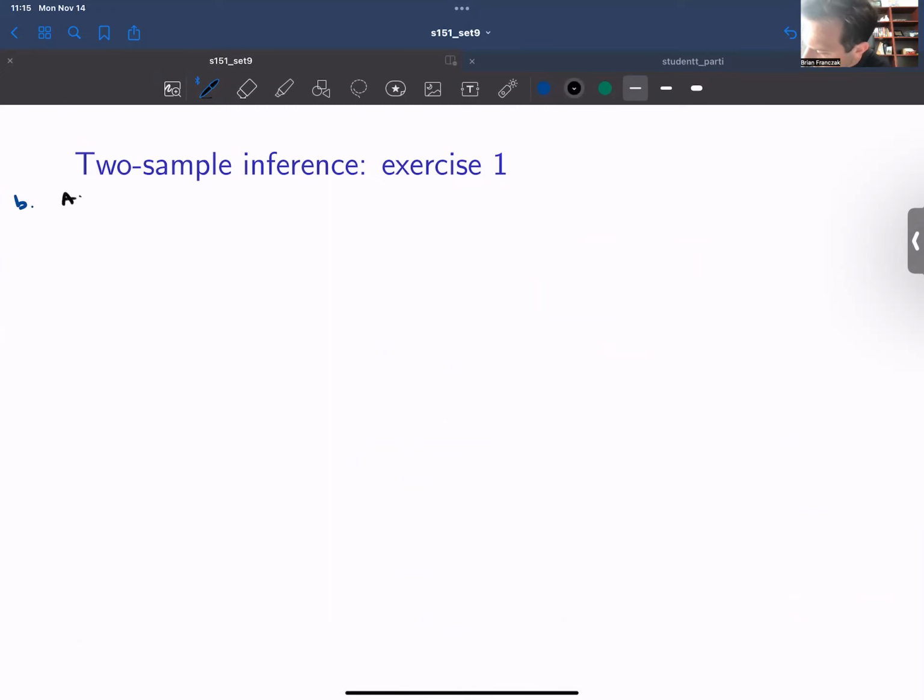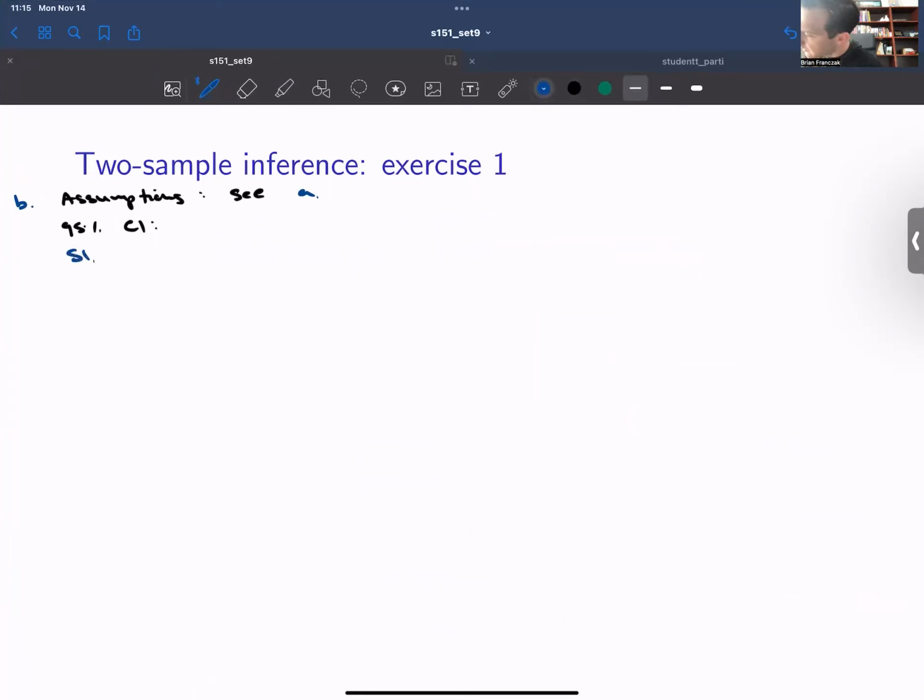Now, the assumptions of this procedure are exactly the same as the assumptions of the two sample hypothesis tests. Okay, so we can just say see part A here, because we went through these assumptions in part A. So now we can start construction of the CI.